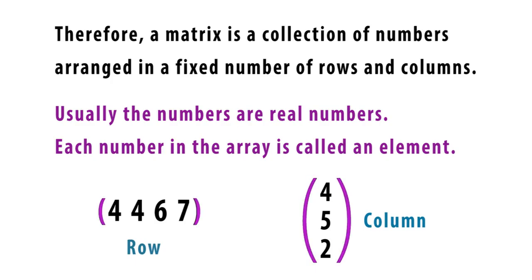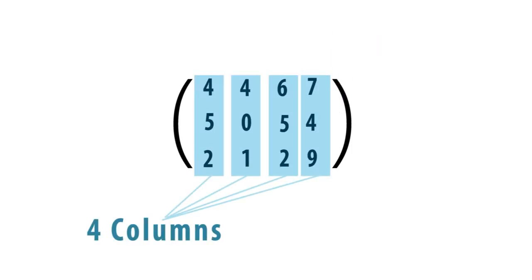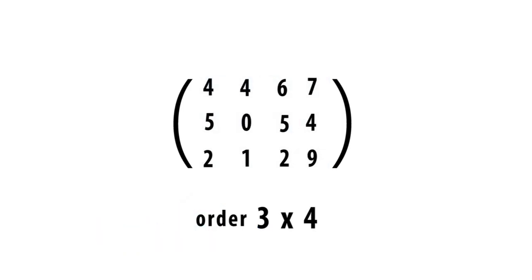The matrix we discussed earlier in the table has 3 rows and 4 columns. It is a matrix of order 3 by 4. The cross there is read as "by", so we have 3 by 4. In defining the order of a matrix, the number of rows is always stated first, and then the number of columns follows.